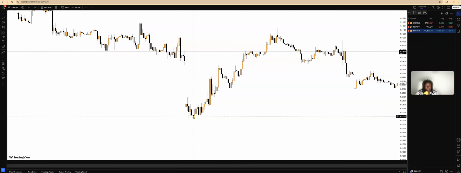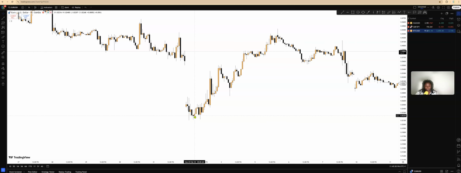Now after the hammer was formed, another candlestick was formed. I'm going to tell you about that candlestick as well, so that you can see all of these candlesticks and how they react in the market. But from the hammer, you see this candlestick, and then eventually another bullish candlestick forms to tell us that price should be going right up.